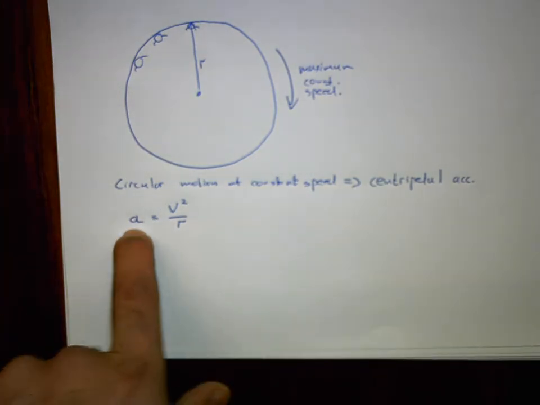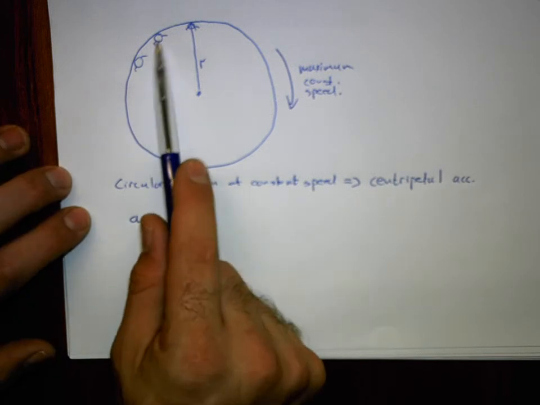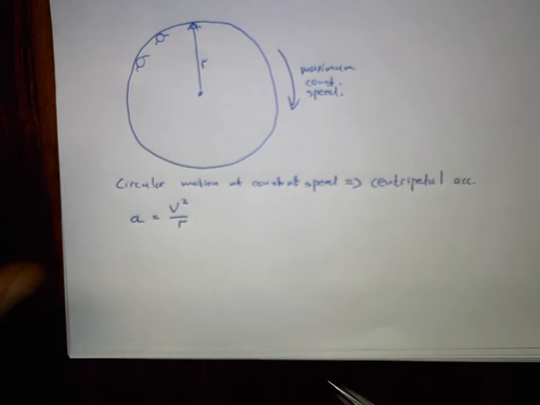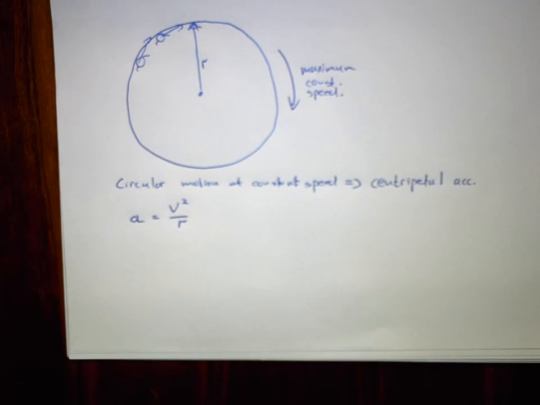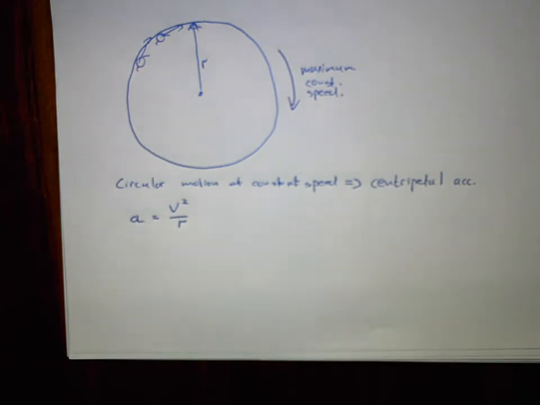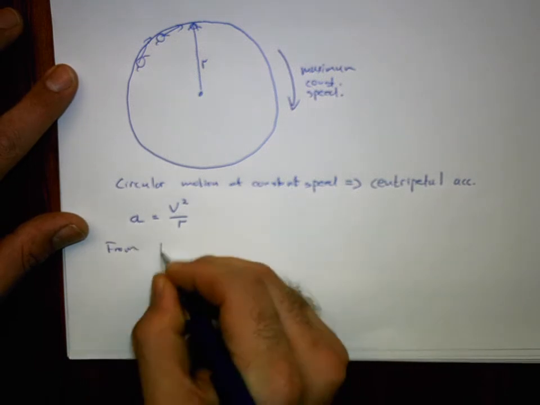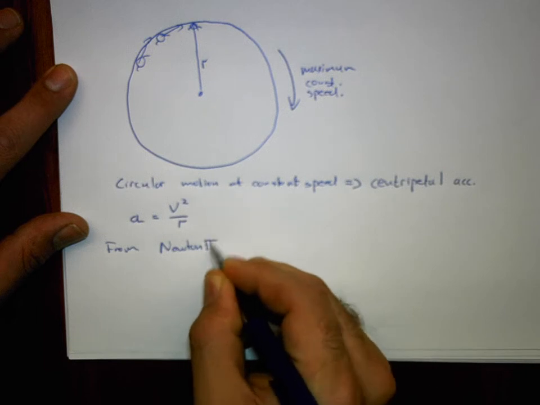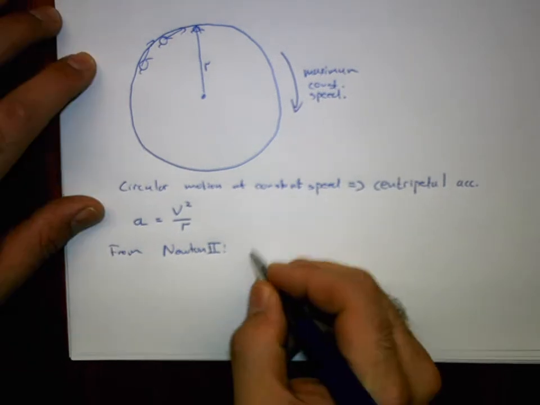So this is the acceleration, from our point of view outside the drum, that we know each and every one of these people inside the drum must have, simply because they're moving in a circle, which means their velocity vectors change with time. A change in the direction of the velocity vector implies acceleration. Now from Newton's laws, if they've got a non-zero acceleration, there must be a resultant force on them.